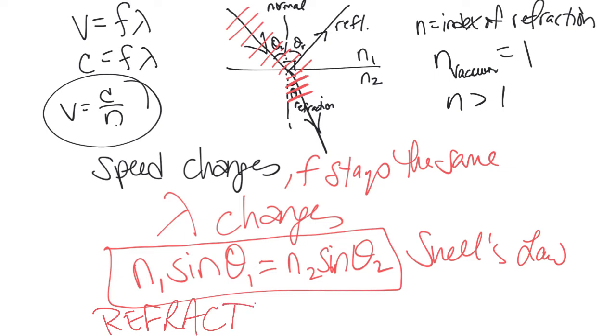It's what happens when you look into a glass of water with a straw in it and the straw looks bent. Sometimes they use the term apparent depth to talk about where it looks like the object is versus where it actually is, because it looks like it's in a different place.